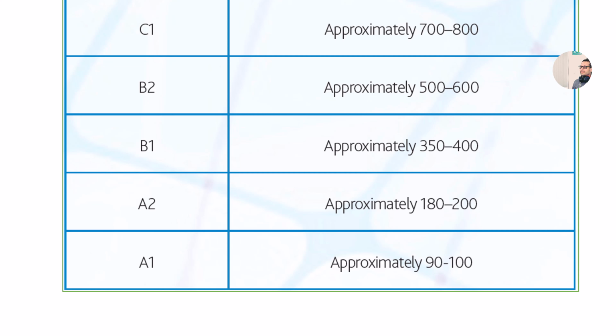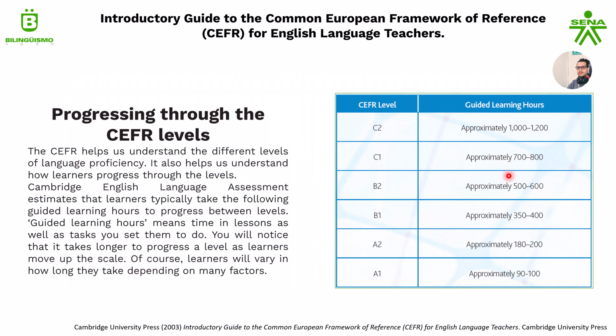And this is something to consider by people from SENA in Bogota, or general management, that sometimes it is not real that we are going to have 300 or 400 hours, for example, in here, in order to get to a B1 level.